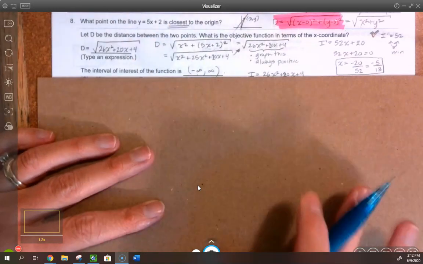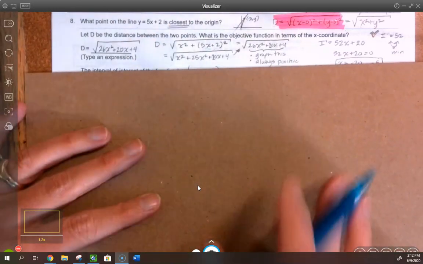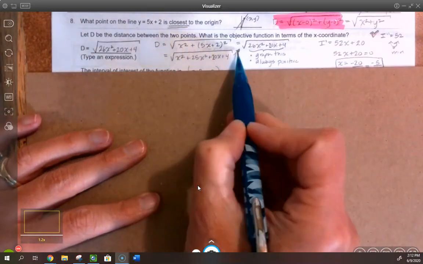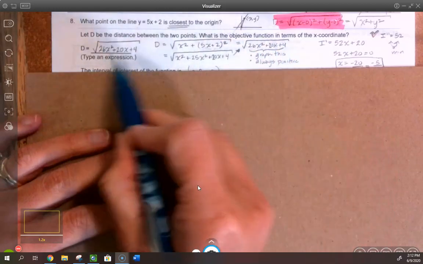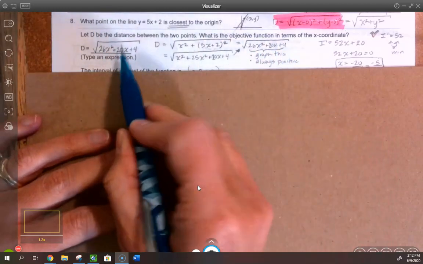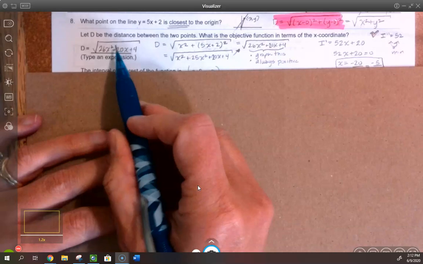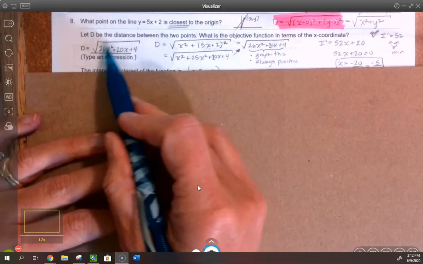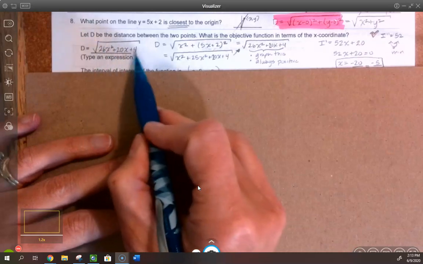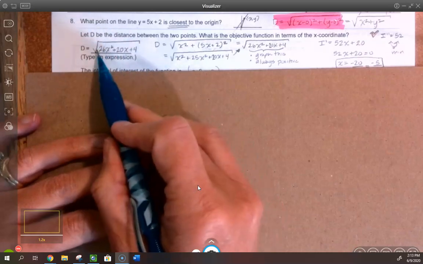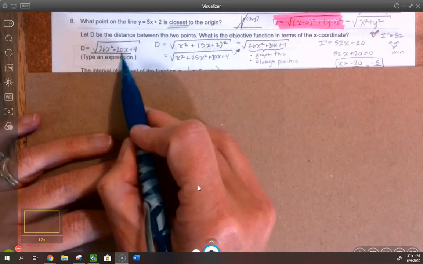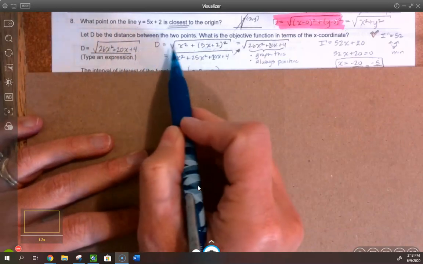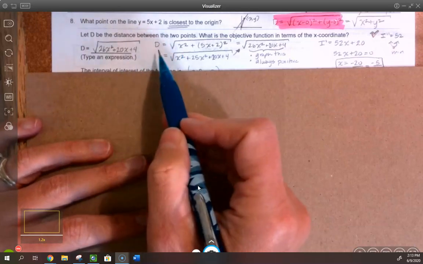So the other thing that's interesting about this type of problem, and this is true I think on one other problem that you have to do, is that if we have a square root and we have our objective function and we want to take the derivative of this, we can use the chain rule, and you would get the 1/2 brought down in front, 26x squared plus 20x plus 4 to the negative 1/2, multiply times the derivative of the inside, and so on.